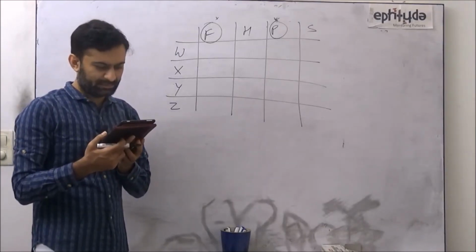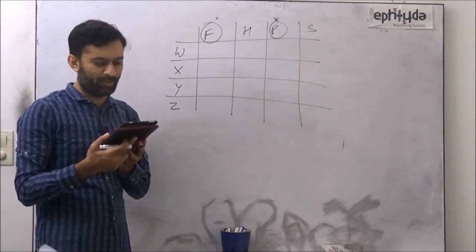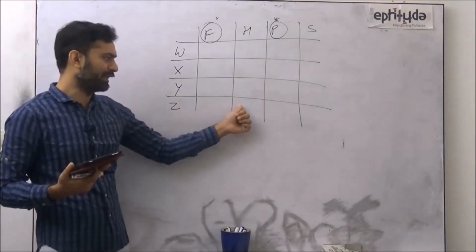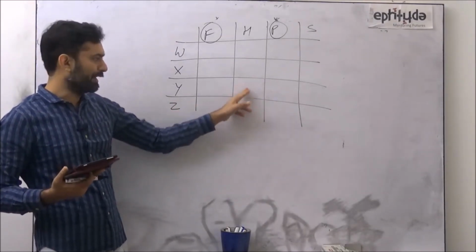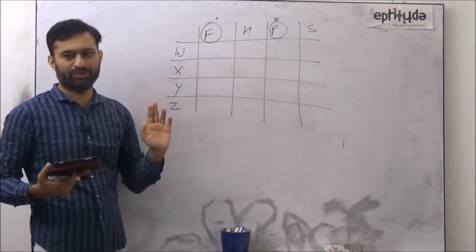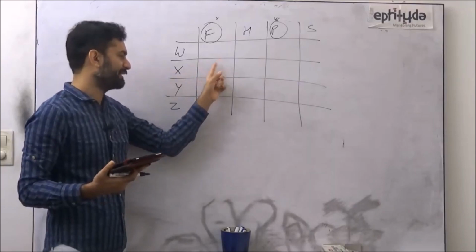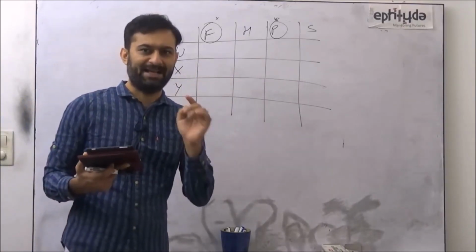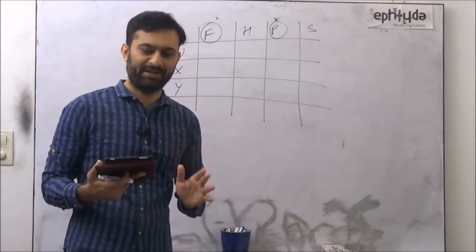Medicine Z has no side effect in common with any of the other medicines. So which basically means if I put a tick for Z under a box, for every other medicine I'll have to put a cross. And the other way around also. If X has fatigue, Z will not have fatigue. Z as a medicine has a side effect exclusive to itself. No other medicine has the same side effect.